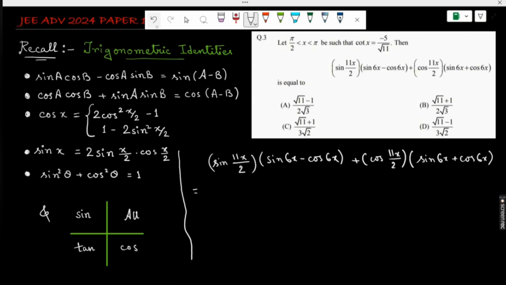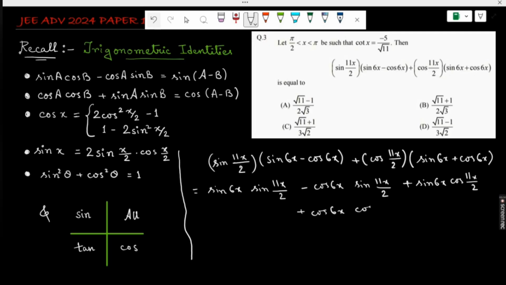So just first multiply them. So it will be sine 6x into sine 11x by 2 minus cos 6x into sine 11x by 2 plus sine 6x into cos 11x by 2 plus cos 6x cos 11x by 2.